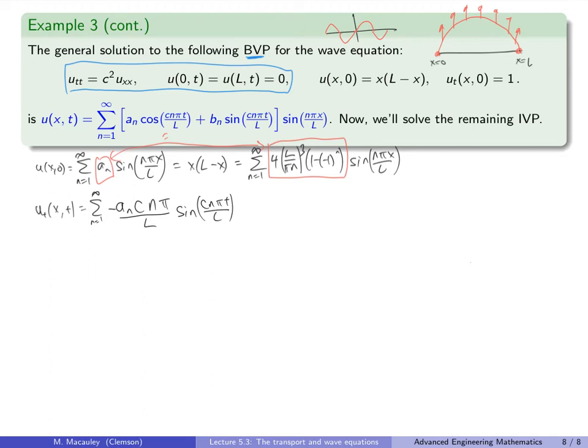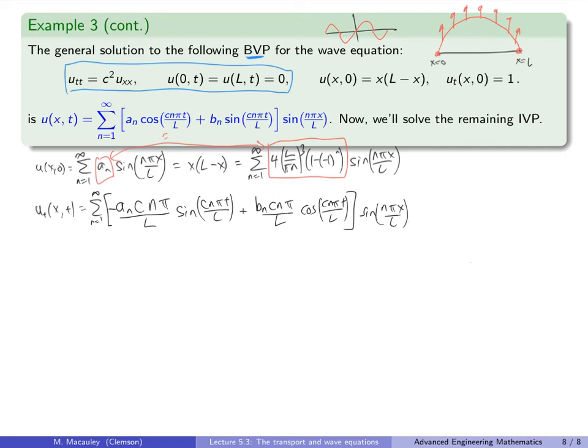And now we have plus b_n cn pi over L times cosine of cn pi t over L. I know this looks messy. I'm sorry about that. Not really. Times sine of n pi x over L.